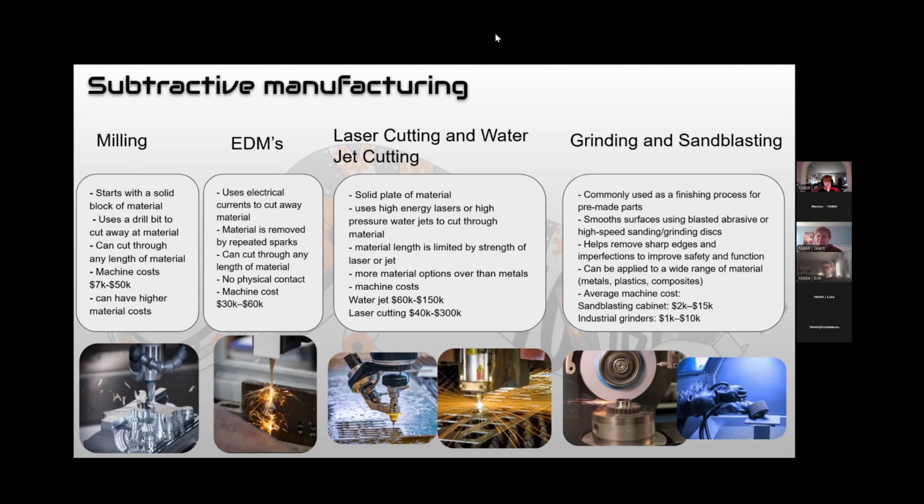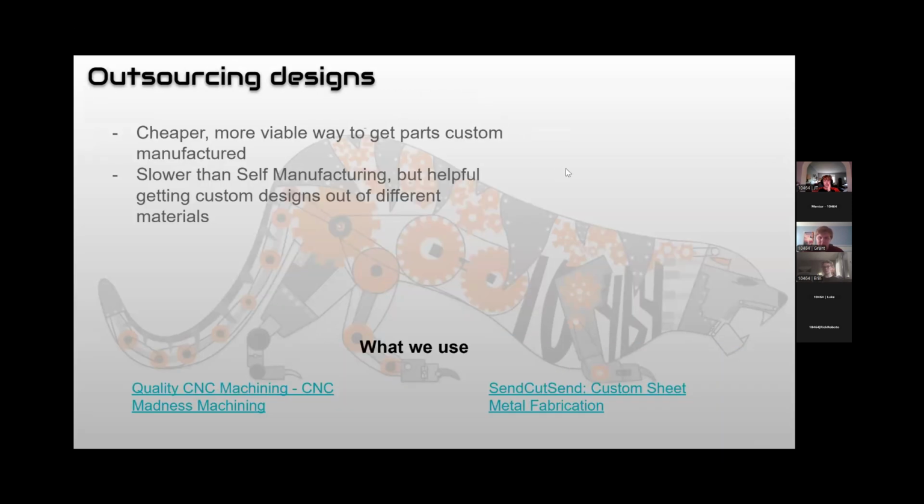The other option, as Grant mentioned earlier, even for things that require milling, is that there are companies online where you can send them your design and have them send you back a part. Especially if you're just doing one or two parts, that may be the more economical way to go.